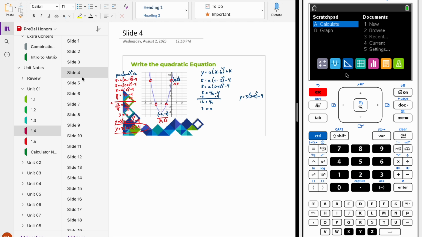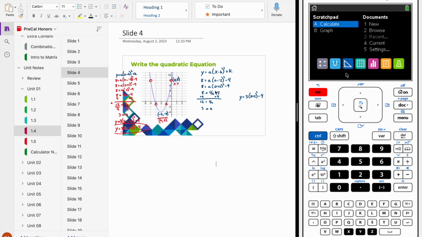We go ahead, plug in our points. So in this case, h and k, -2, -4. And we're going to use our x and y, which is going to be 0 and 8. Using those values, we go ahead, we plug them in. 8 is equal to a times 0 minus a -2, so 0 plus 2 squared.